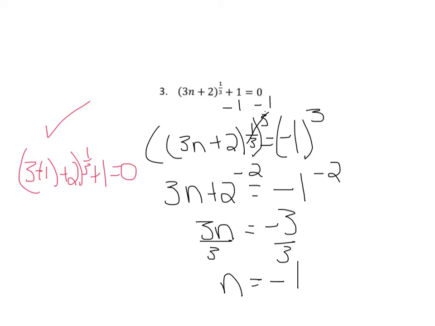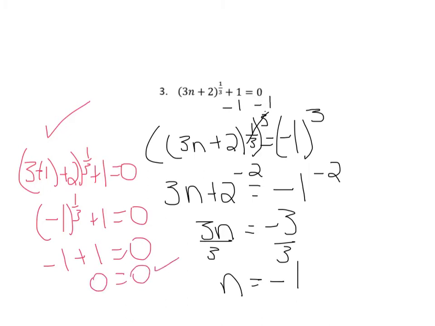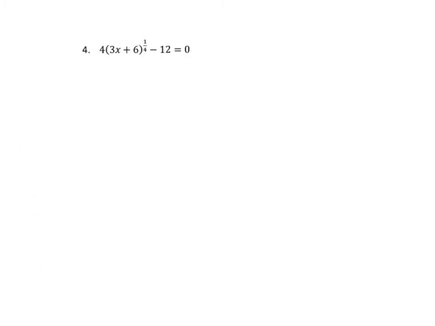So 3 times -1 is -3, plus 2 is -1. -1 to the 1/3 is actually -1. Plus 1 is 0. And -1 plus 1 is actually 0. So that works. So that means our answer is actually -1.